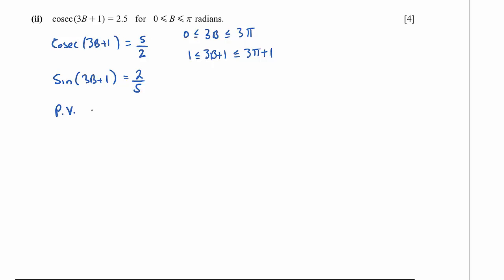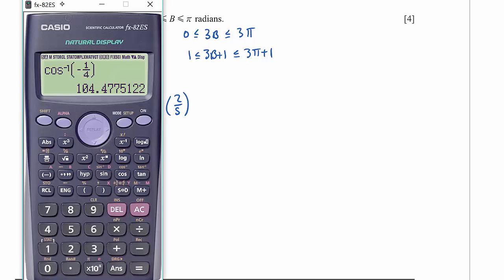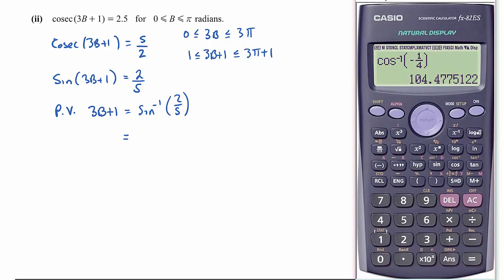So for the principal value, 3b plus 1 is going to be the inverse sine of 2/5. But this time the calculator needs to be in radian mode. So switch to radian mode.